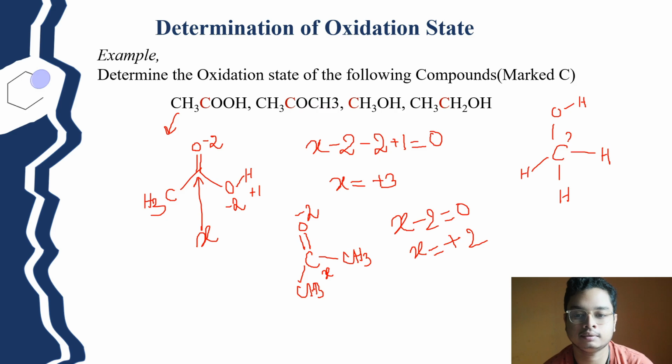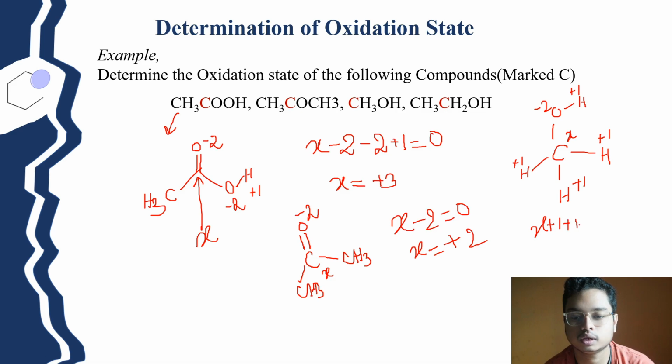As in our previous discussion, let us assume that the oxidation state of this carbon is X. All of the hydrogens contribute +1. This oxygen will contribute -2, and since this oxygen is directly bonded to a hydrogen, this hydrogen will contribute +1.